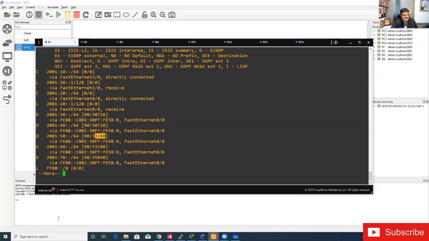But if you are using named mode, it will be really awesome, and you can configure IPv6 and IPv4 together.